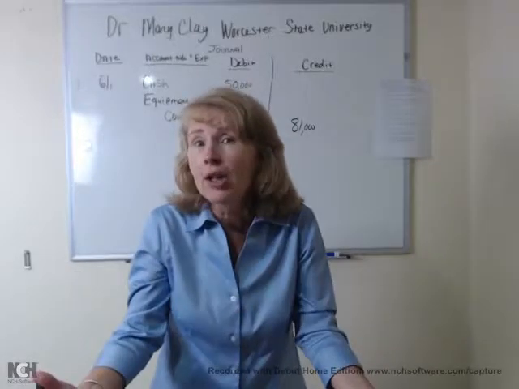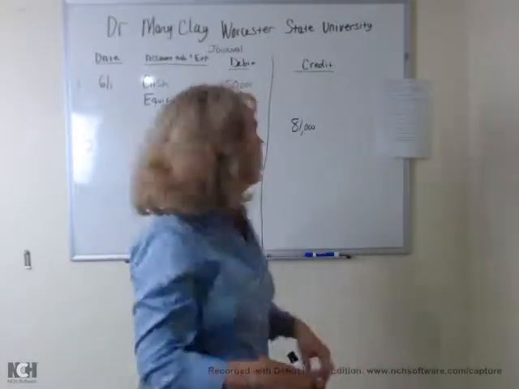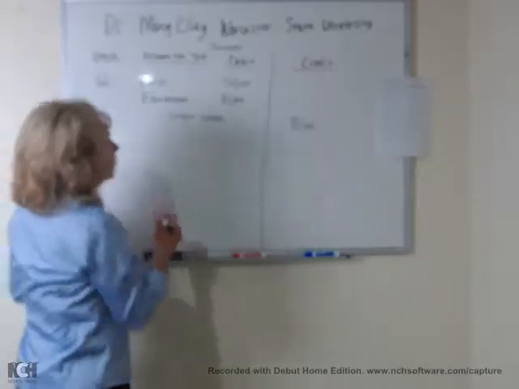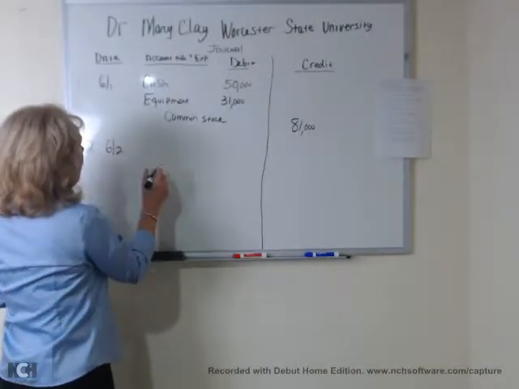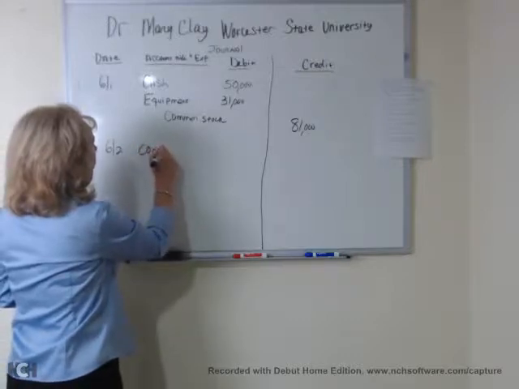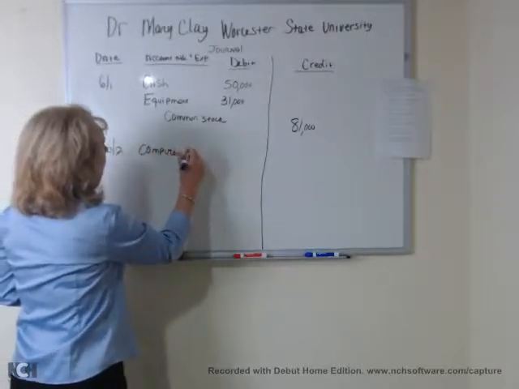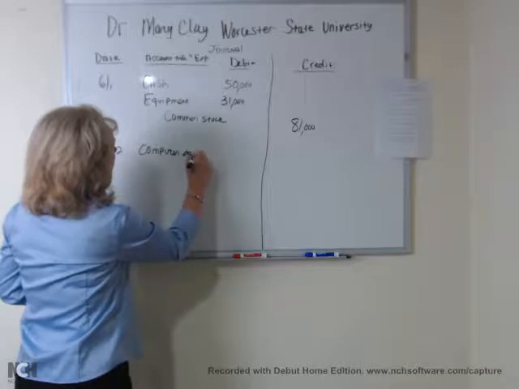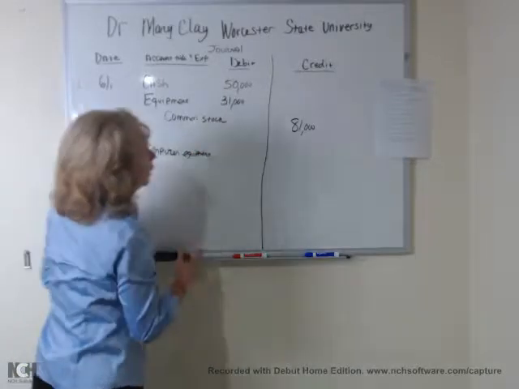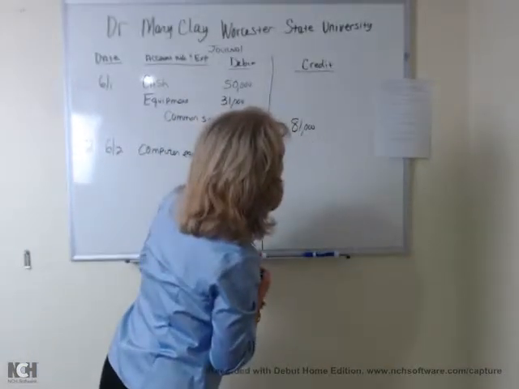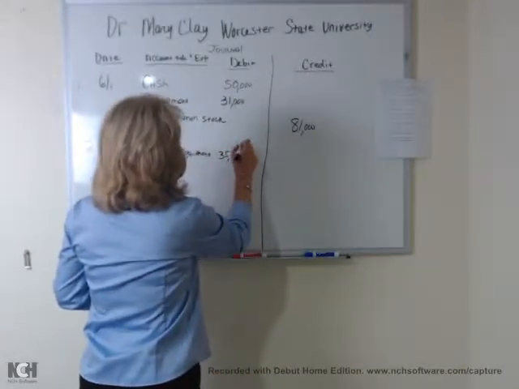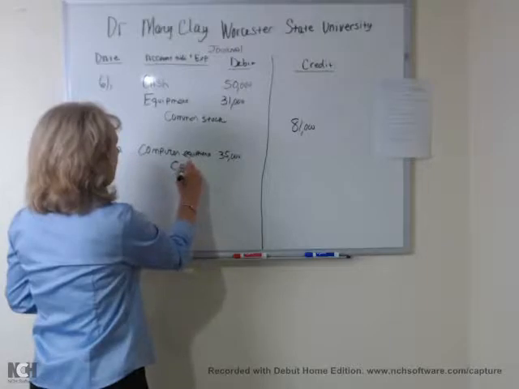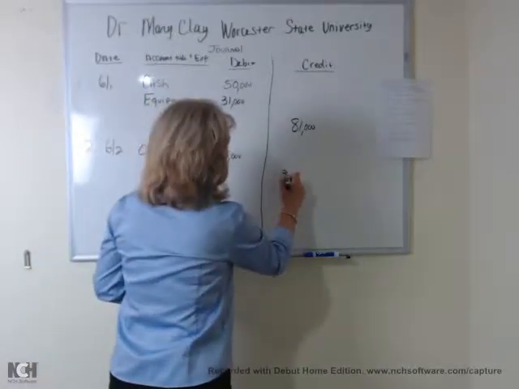When you pay cash, cash is going down. So I put 6/2 and I debit computer equipment. I look, how much did they pay? They paid $35,000. And then I credit cash, $35,000.